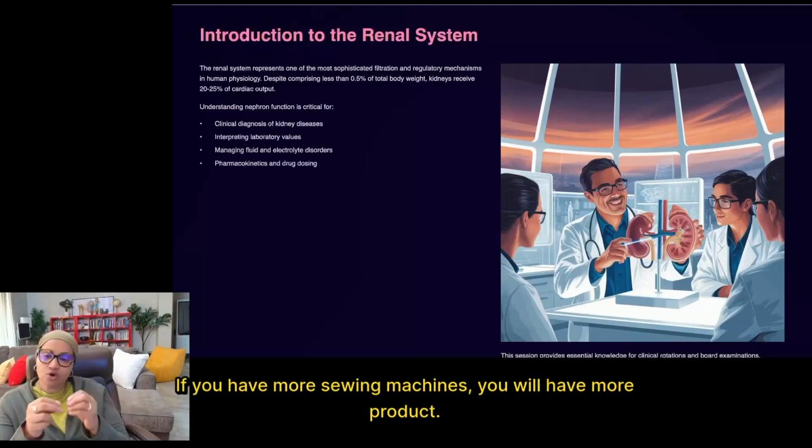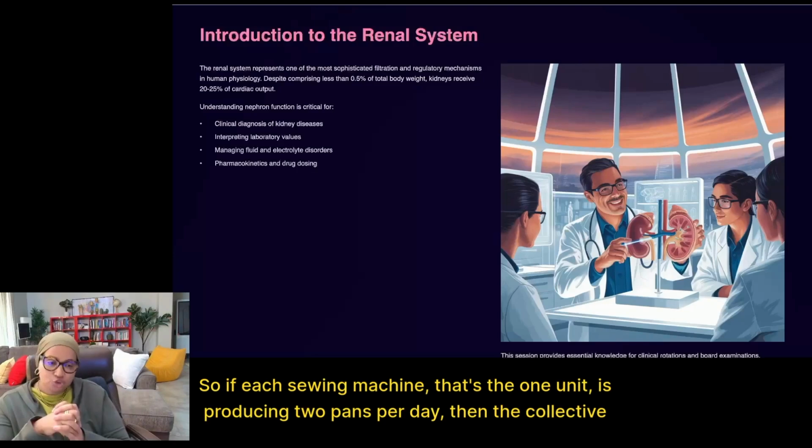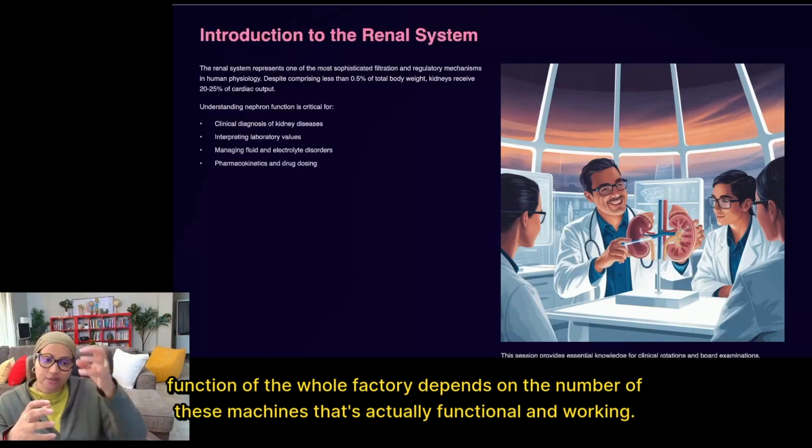If you have more sewing machines, you will have more product, the sewing machine being the functional unit. So if each sewing machine is producing 2 pants per day, then the collective function of the whole factory depends on the number of these machines that are actually functional and working.